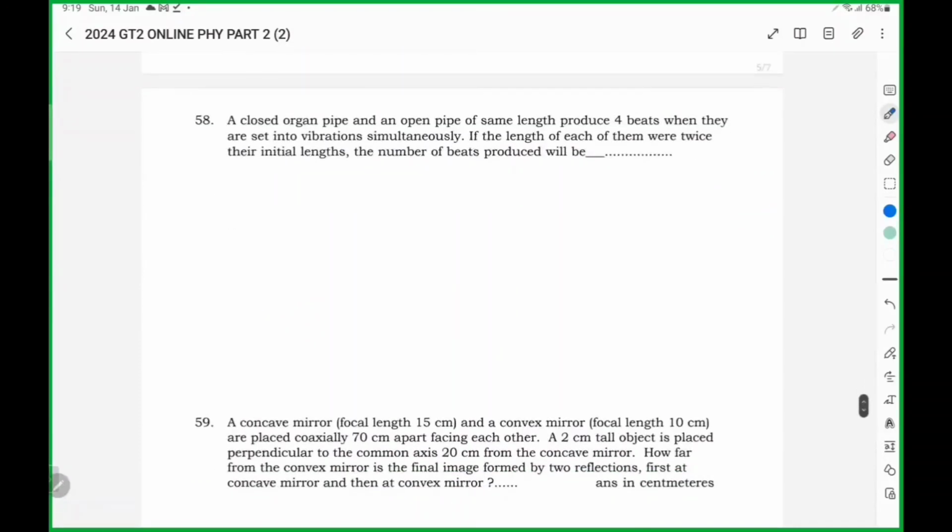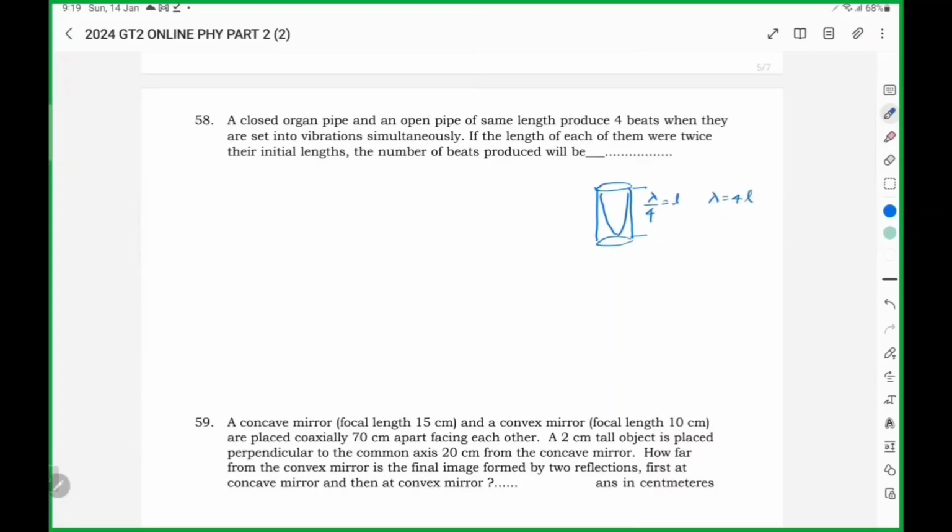Here is a closed organ pipe. So in fundamental mode of vibration, the distance between antinode and node is lambda by 4. So lambda is 4L.